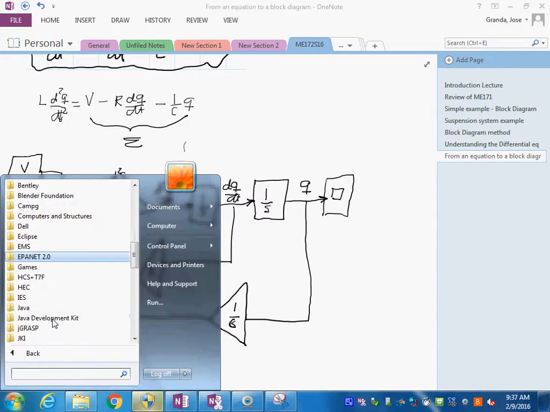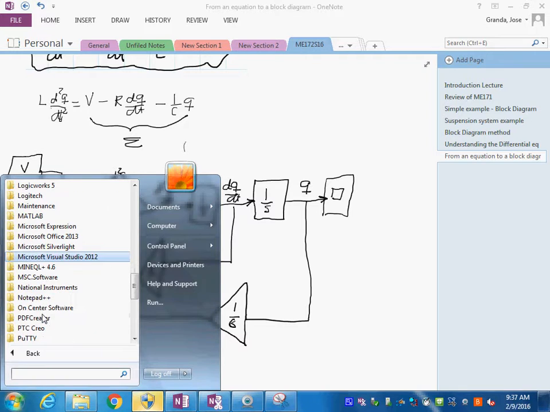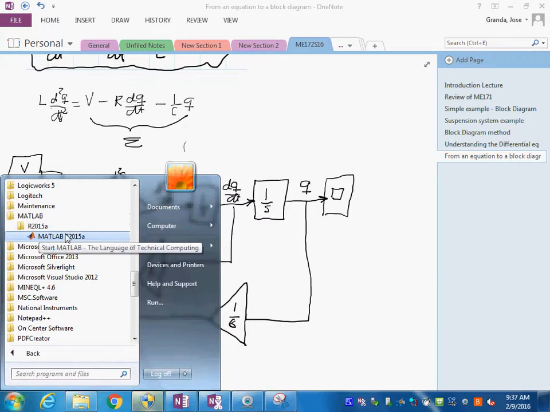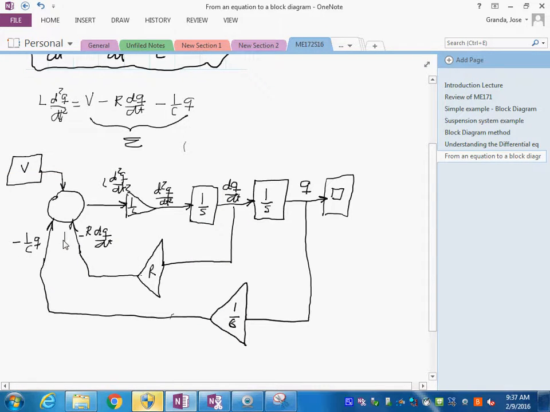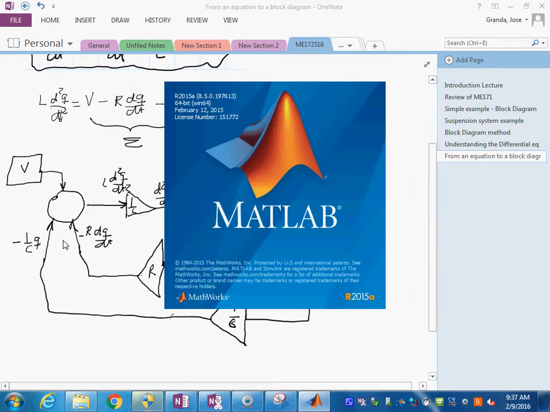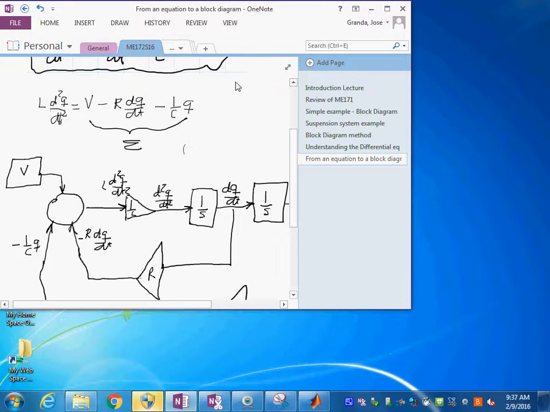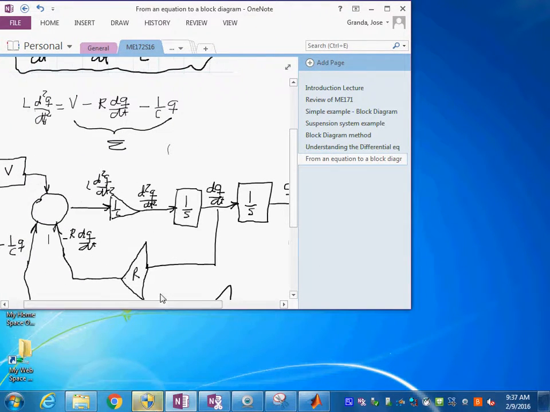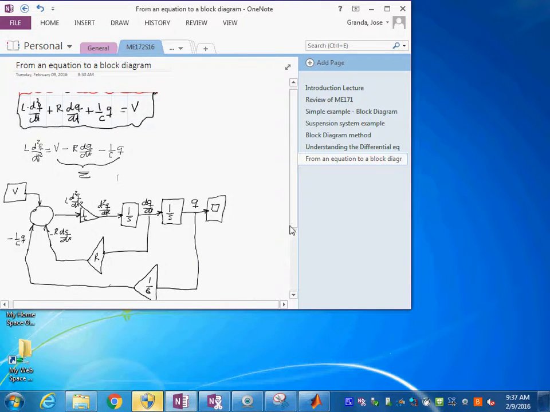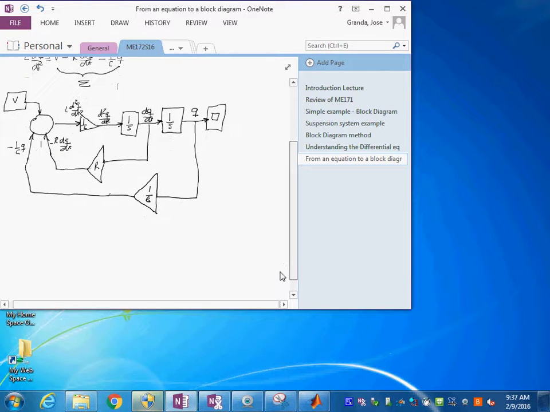There we go. I'll have it on the side. In other words, this is what I need to transfer to Simulink. So we have MATLAB on the right hand side, which is just beginning now, and we will see how we transfer this block diagram into Simulink. So we have to wait for a moment for MATLAB 2015 to come up. Takes a few moments.